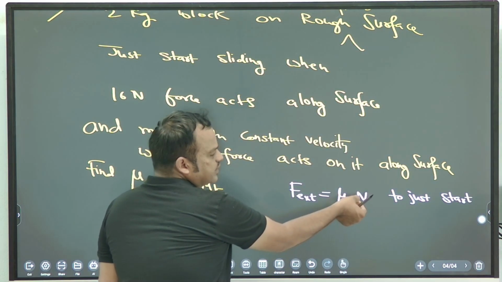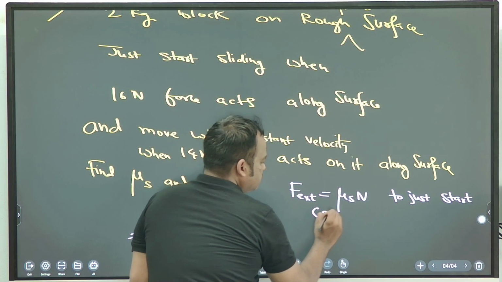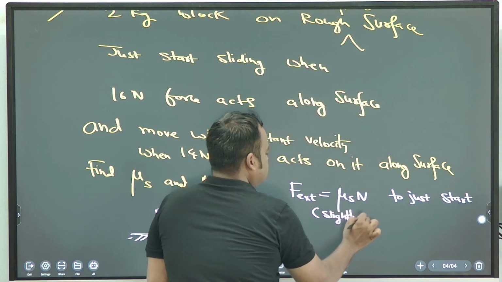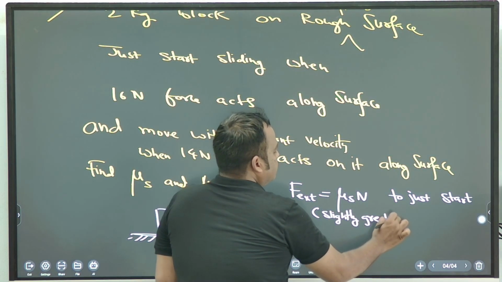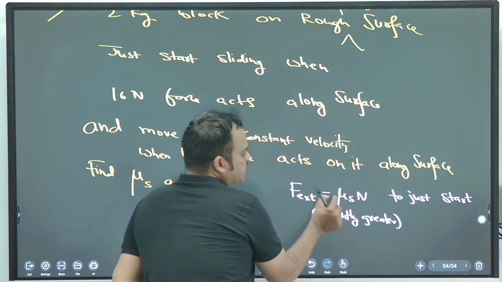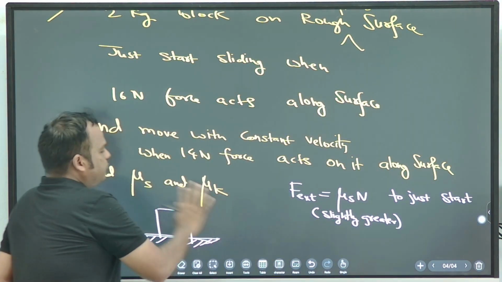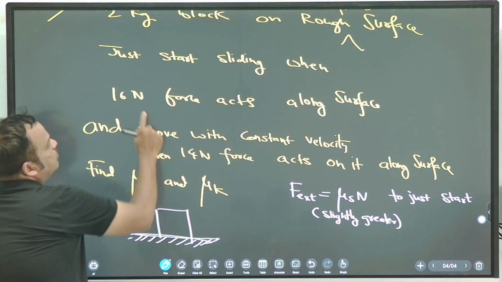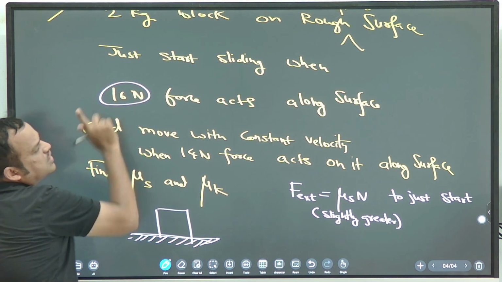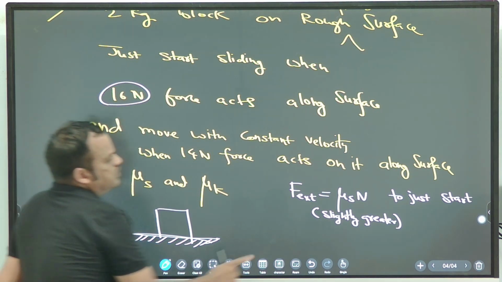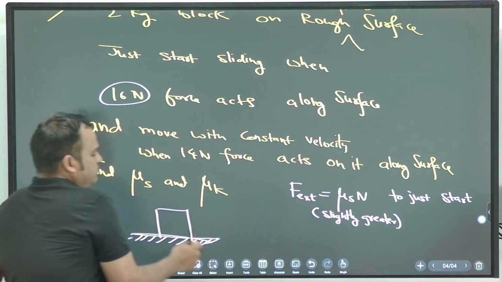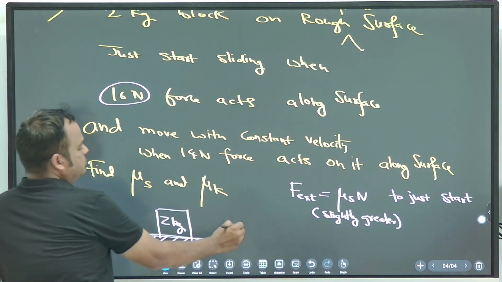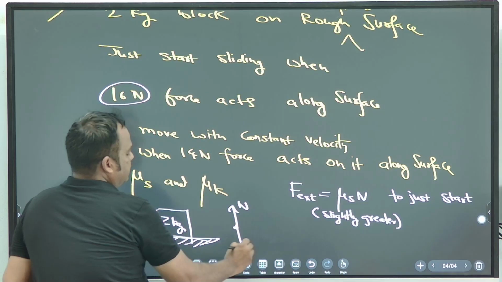Actually, it needs to be slightly greater, but you can take this also. To just start, how much force is needed? Slightly greater than mu s n. But for numerical problems, you can take mu s n. So what is the force you are exerting to just start? 16. Mass is given, 2 kg, so normal is 20.